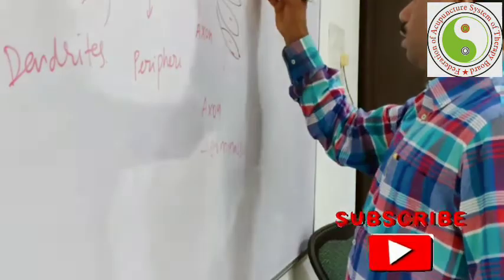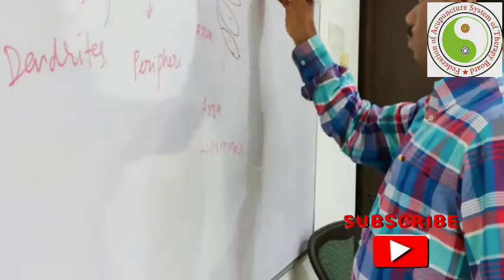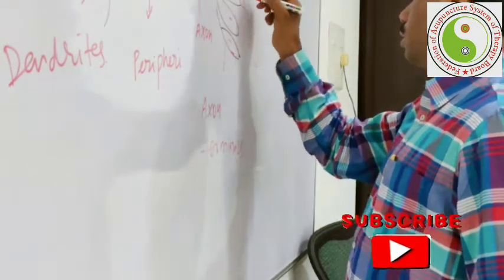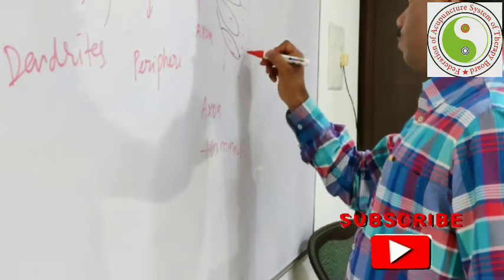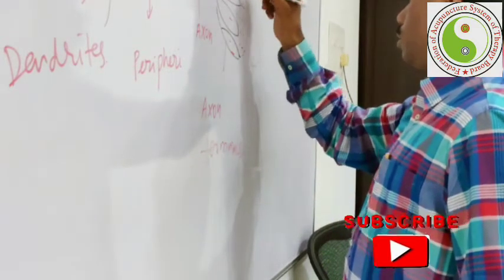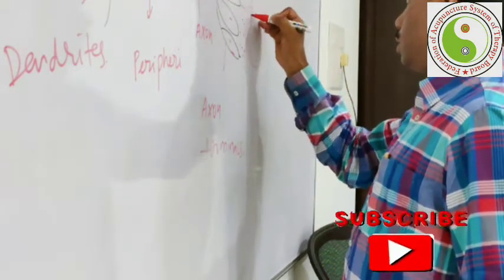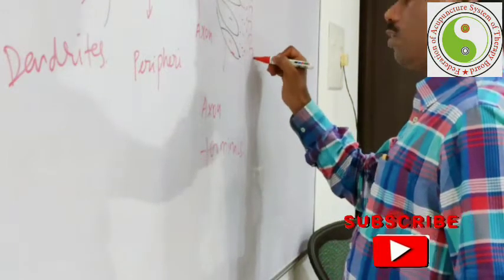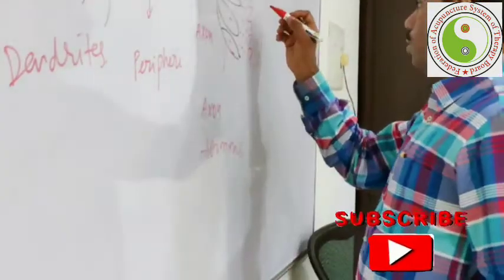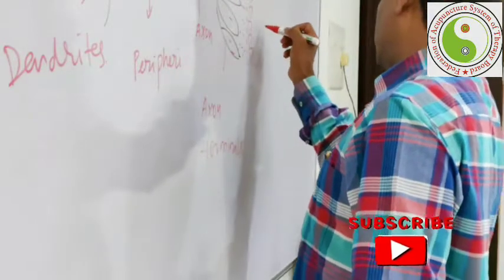So this releases some neurotransmitters, and this is another dendrite, but here is another neuron.